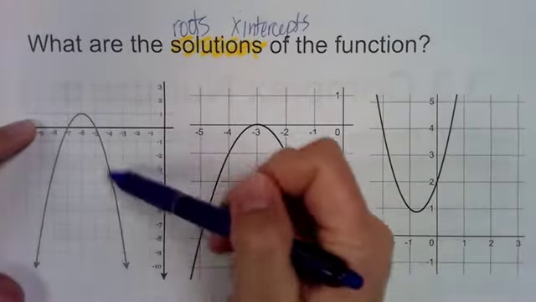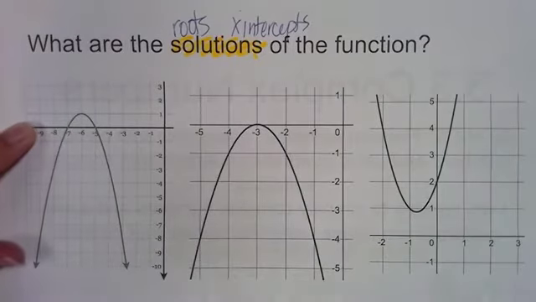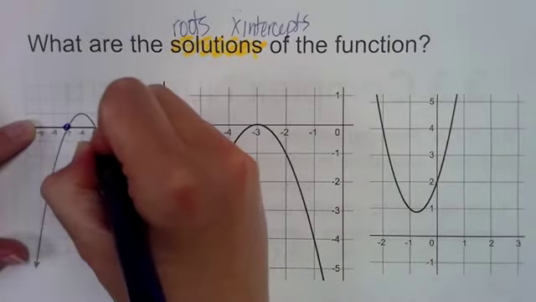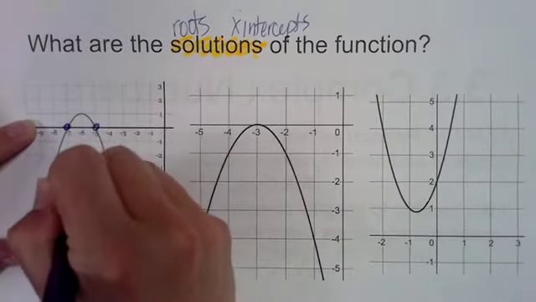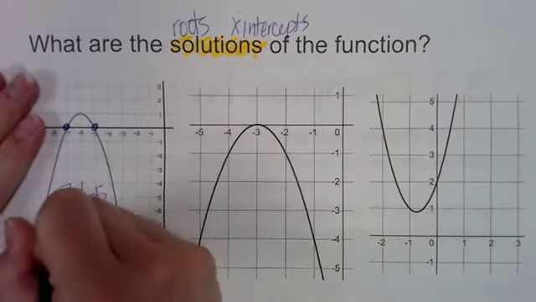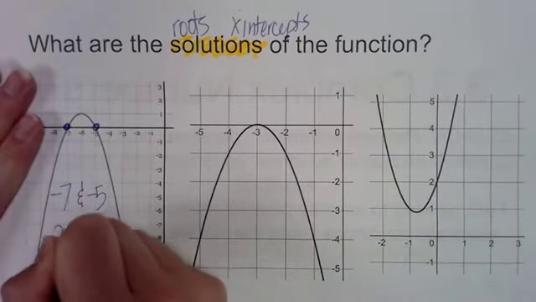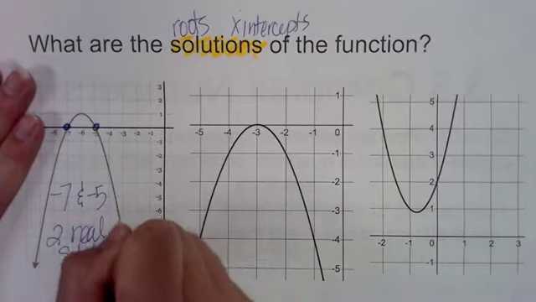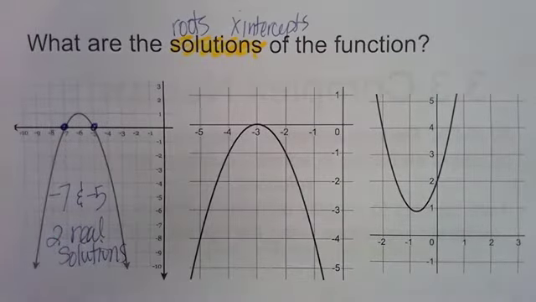So when I look at this first lovely little curve, what are the roots? What are the solutions? Yes, right there and right there, -7 and -5. There are 2 real solutions here, -7 and -5, and these are the solutions for x.